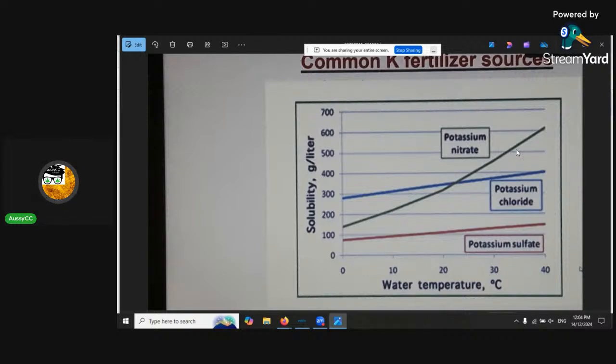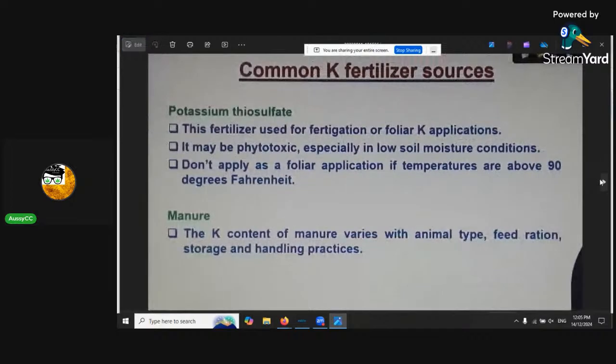And potassium nitrate, actually I don't want to discuss these, but it does have an effect. Temperature to solubility, see it slowly rising. Manure down the bottom. The potassium content of manure varies with animal type, the feed, rations, storage and handling practices. So huge, big factor they're differing.